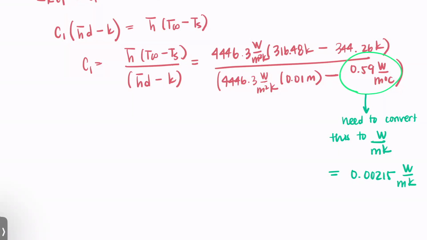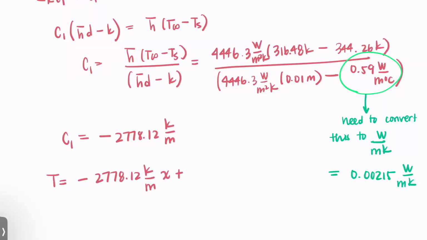Alrighty. And so when we do that, we get that C1 is equal to negative 2778.12 Kelvin per meter. So we get that T is equal to minus 2778.12 Kelvin per meter, x, plus 344.26 Kelvin.